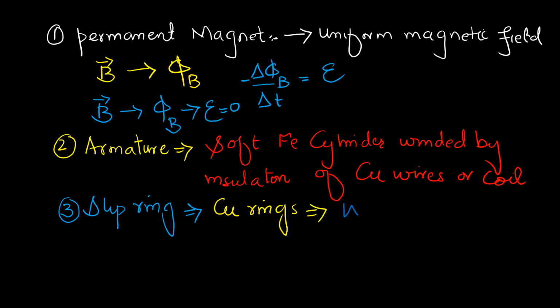They basically bind or weld the ends of the copper coil. Since you know that the copper coils are in the form of a wire, the wire of copper has two ends. So the two ends of the copper wire are welded with two slip rings.